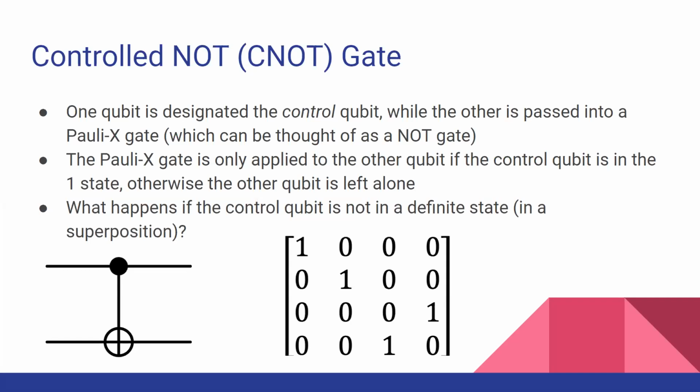So what happens if we feed it a state that's entangled or not entangled? If we feed it a qubit that's in neither of them, it's almost as if it's both 0 and 1 at the same time. It's as if it's both applying the NOT gate and not applying the NOT gate, which is very odd.